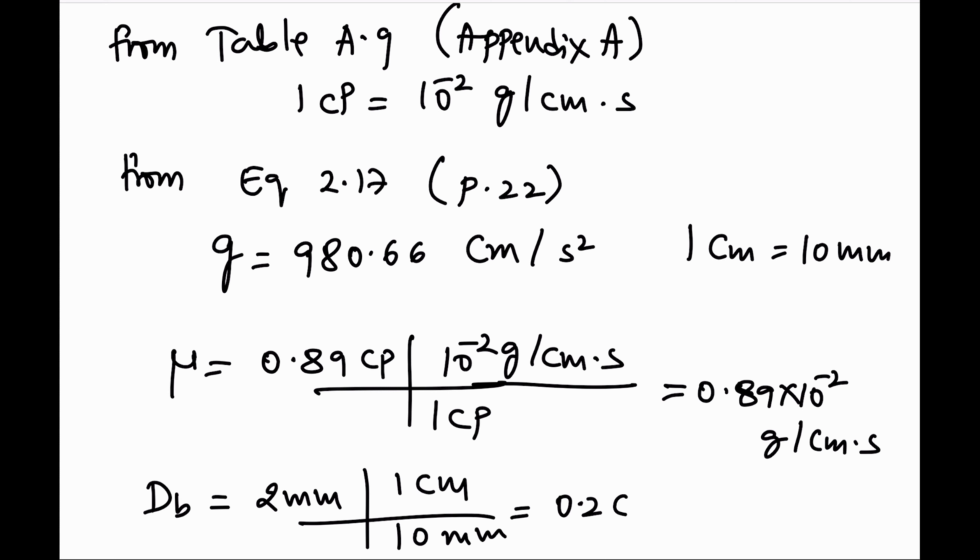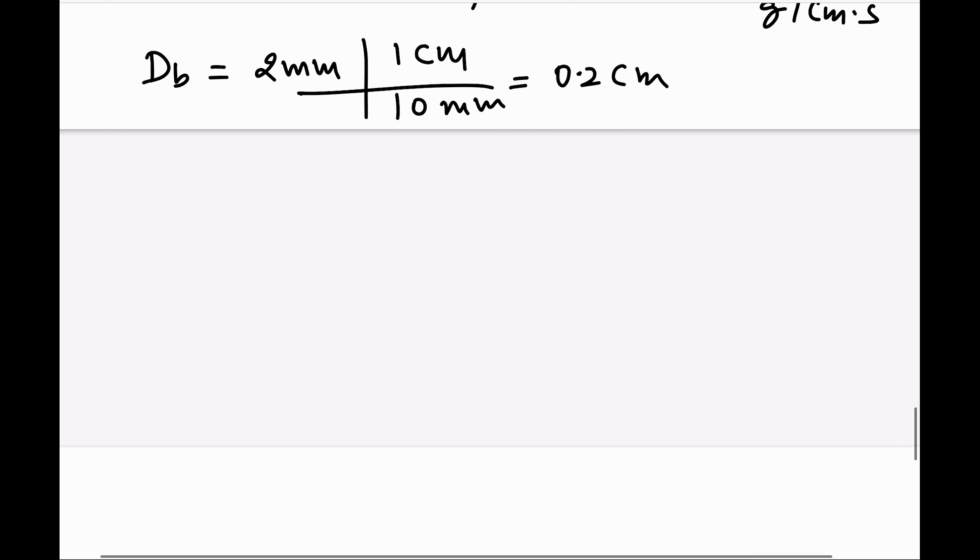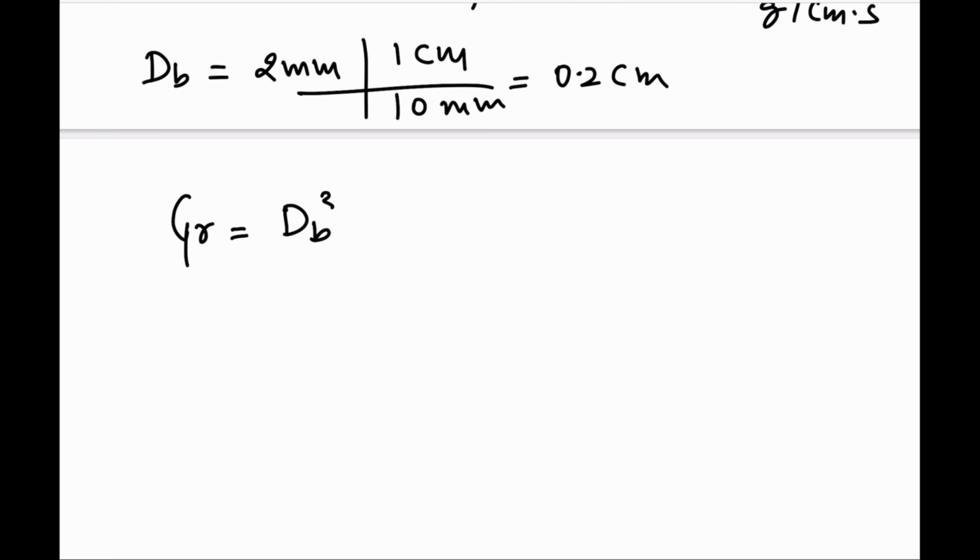Let us start calculating one by one. First, the Grashof number. The definition is dB cube times rho g times (rho L minus rho g) times g, divided by mu L square.